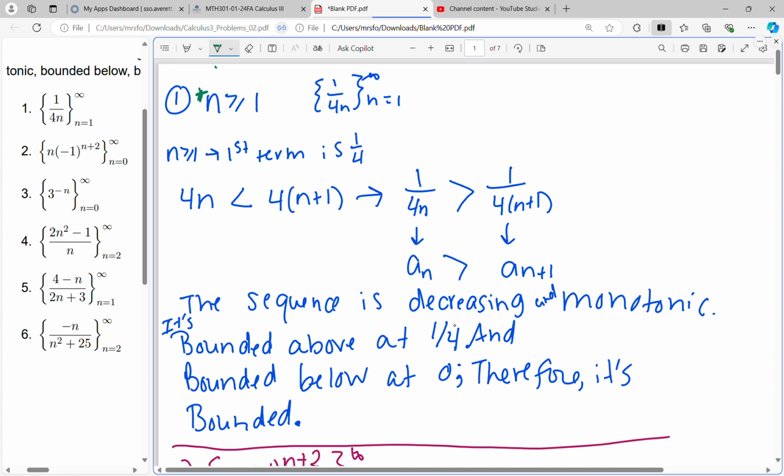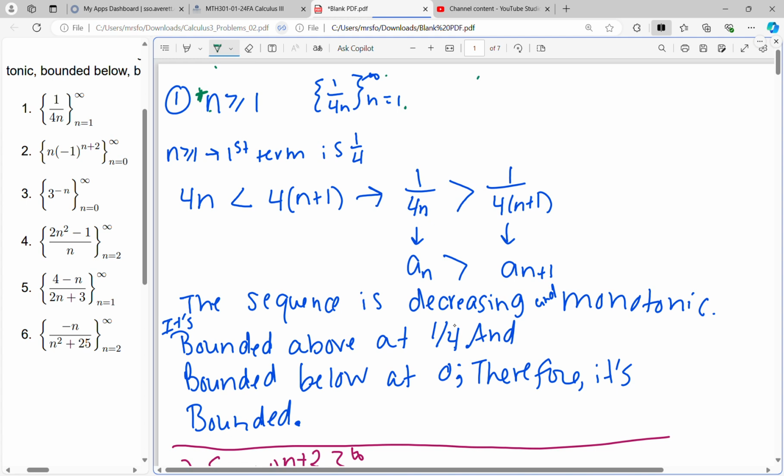So we know with our sequence, the index is 1, so it starts at 1 and goes to infinity. Since our n is greater than or equal to 1, we know the first term is 1/4. We might not care to know that, but if we plug in 1 here, that would be 1/4, okay?